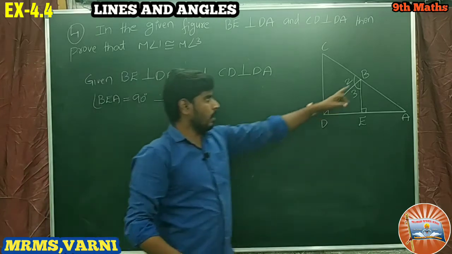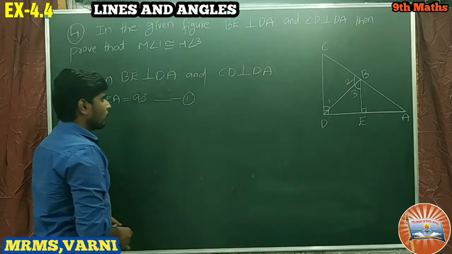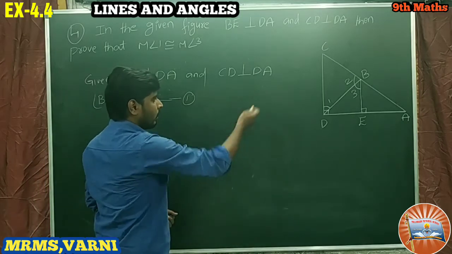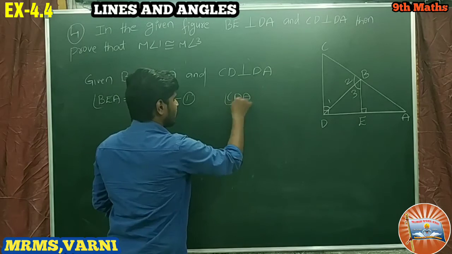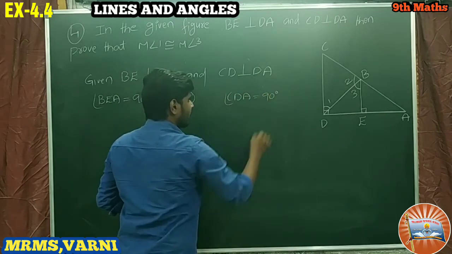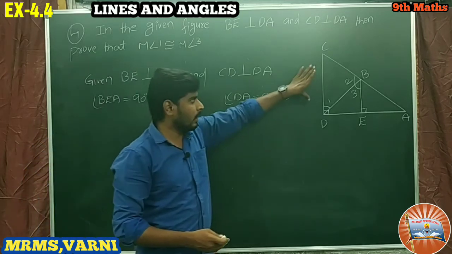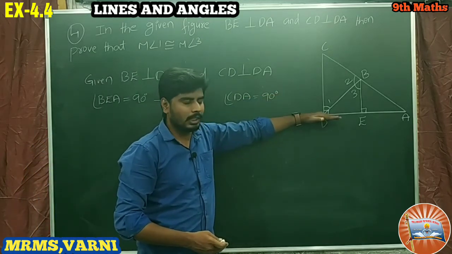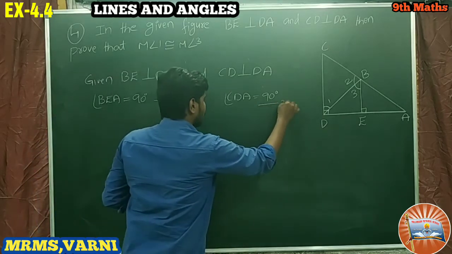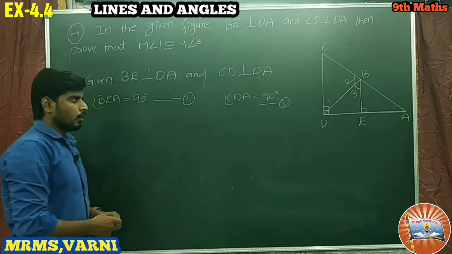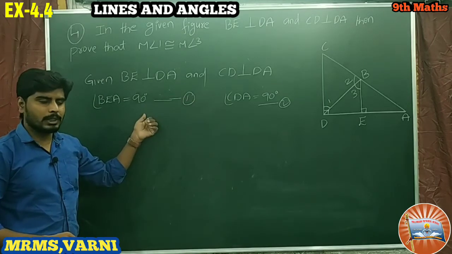Since CD is perpendicular to DA, angle CDA is also 90 degrees, because this CD makes an angle of 90 degrees with DA. Consider it equation 2. From equations 1 and 2, both right-hand sides are 90 degrees, so they are equal.